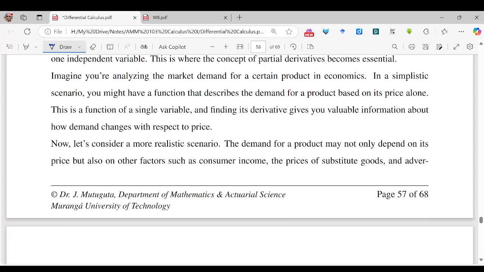The demand of a product may not only depend on its price, but also on other factors such as the consumer income, the price of substitute goods.